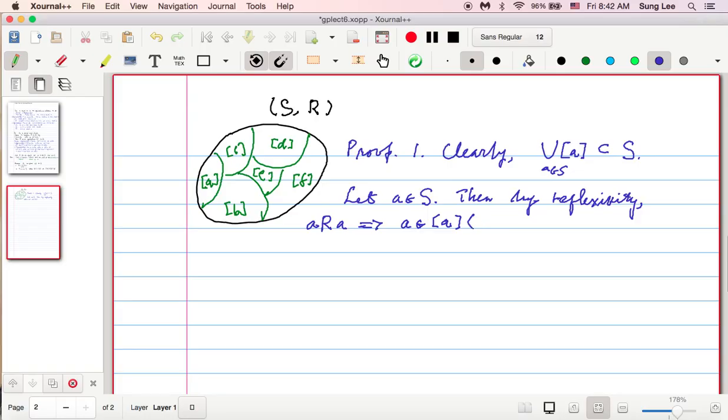That means, also, at least it's got A itself. So that's not the empty set.